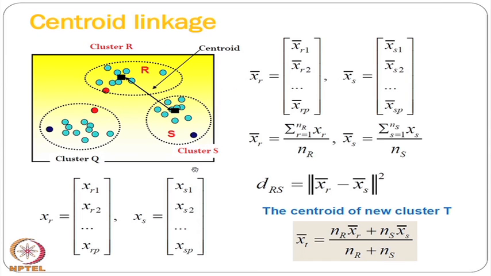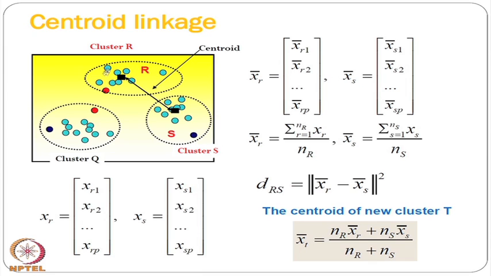Now, come to centroid linkage. Centroid linkage is a little bit different, where we will first find the centroid of the cluster, and then we see the distance between the centroids. For example, let us consider R is one cluster and S is another cluster.